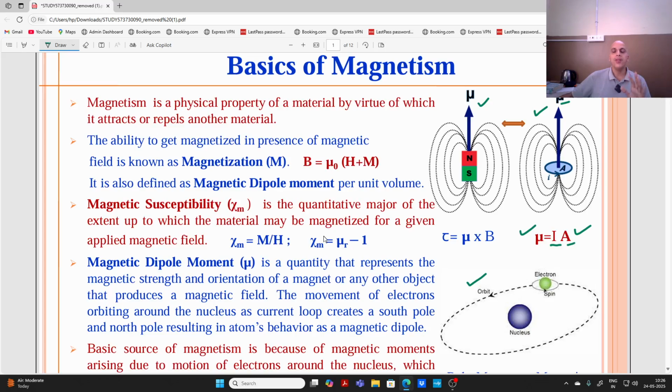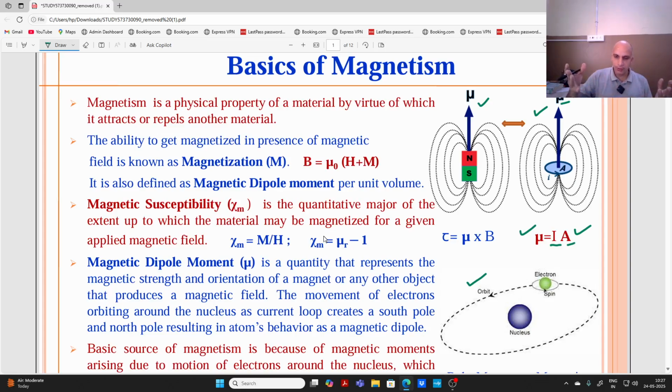So we can say that if the atom has a single electron, then it behaves like a teeny bar magnet. So this is the cause of magnetism in the matter: the orbital motion and spin motion of the electron inside the matter. And inside the matter, we have a large number of atoms.